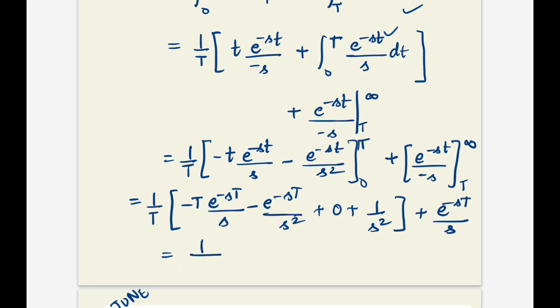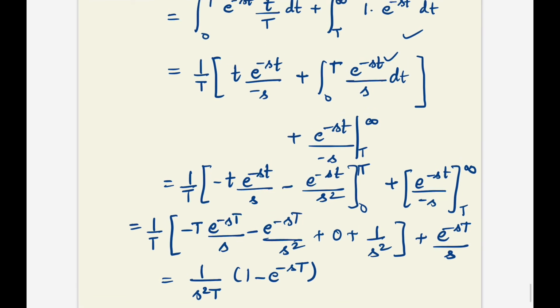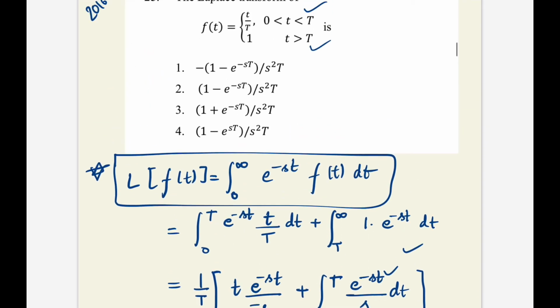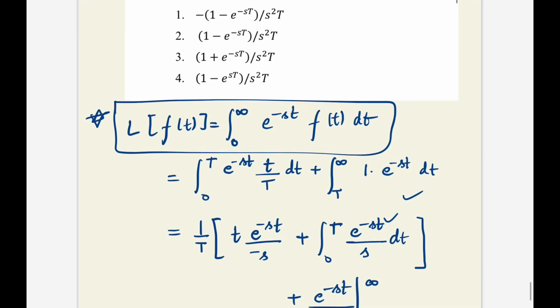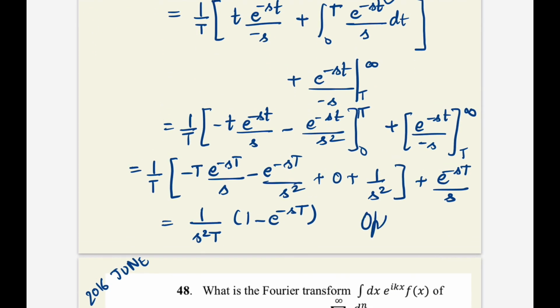This comes out to be 1 over s square T times 1 minus e to the power minus sT. So the only option that matches this answer is option B, option 2. So option 2 is the correct answer.